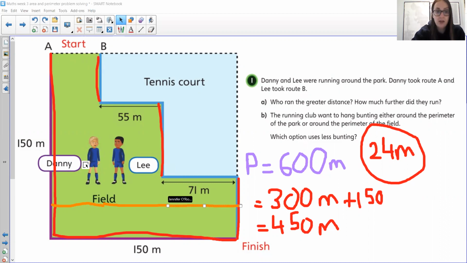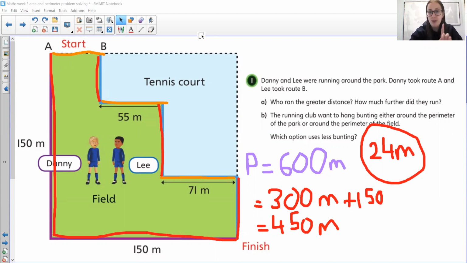It's exactly the same length, it's just been broken up, which means we need to add another 150 to our 450, which would be 600 meters. So actually the answers are exactly the same. It would be exactly the same whichever way around you did it, because each one has done these two sides, and then this bit is the same as the orange bit there. Okay, hopefully that all made sense.